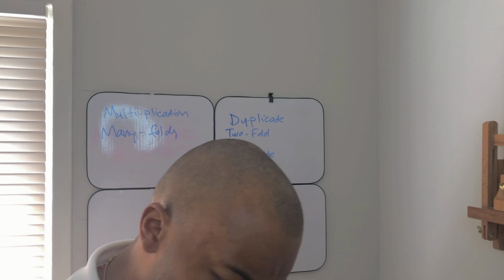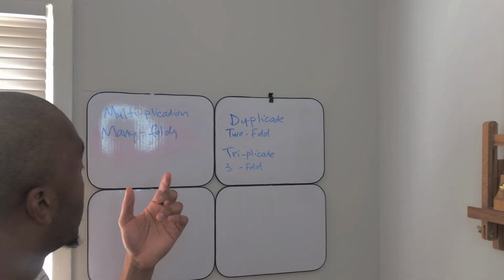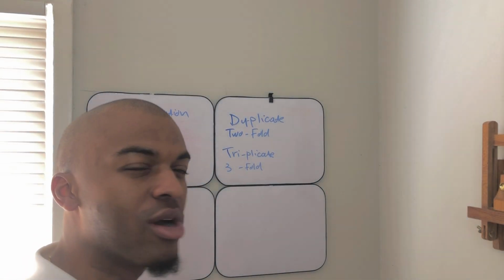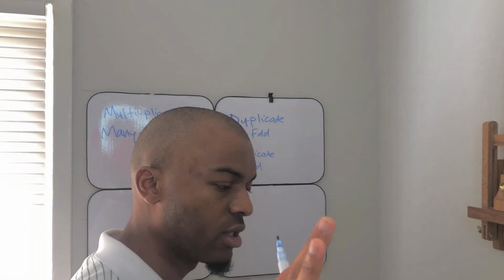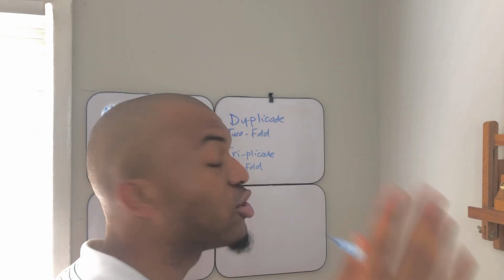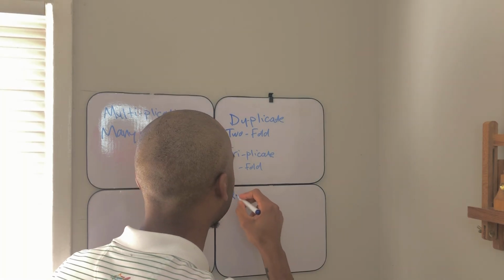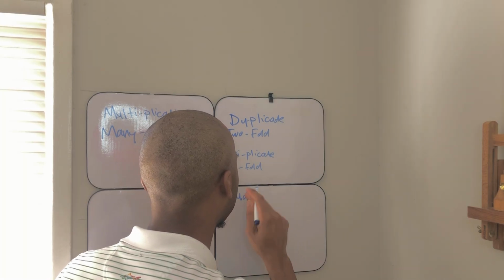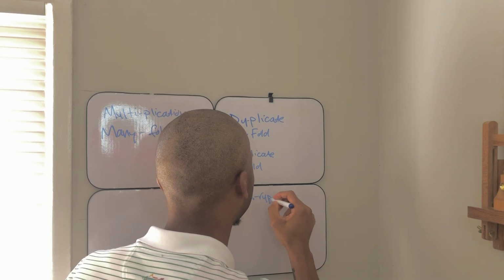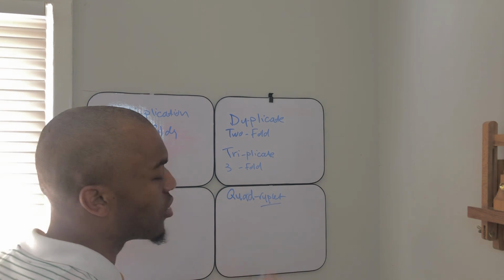So you can have duplicate, triplicate, and I think it goes on to one more that I seen. Like when a woman has four kids, quadruplets. Now it's not necessarily the same. It's supposed to be an A. Quadruplet, I think something like that. And I don't think this word means fold.